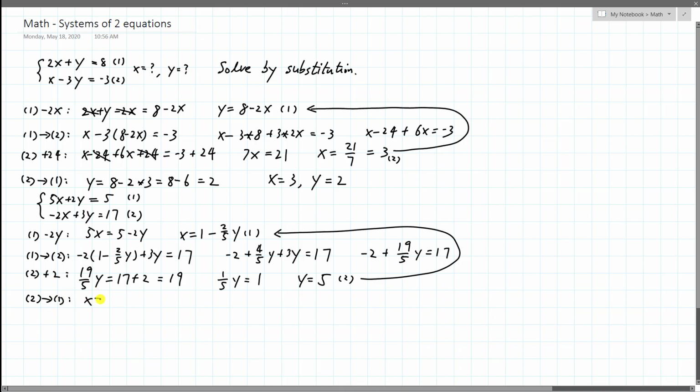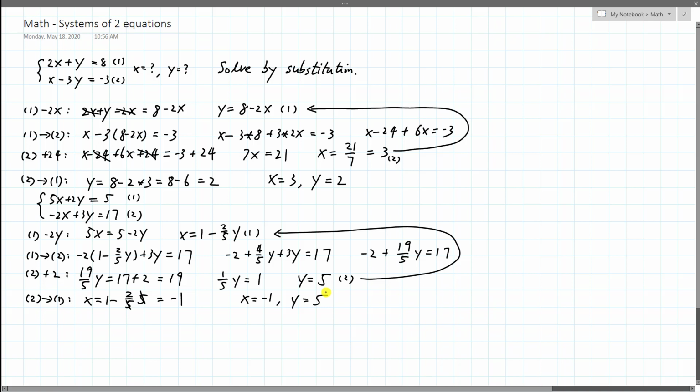And we have x equals 1 minus 2/5 times 5. Okay, that's not hard. So 1 minus 2 is negative 1. So we have solution x is minus 1, y is 5.